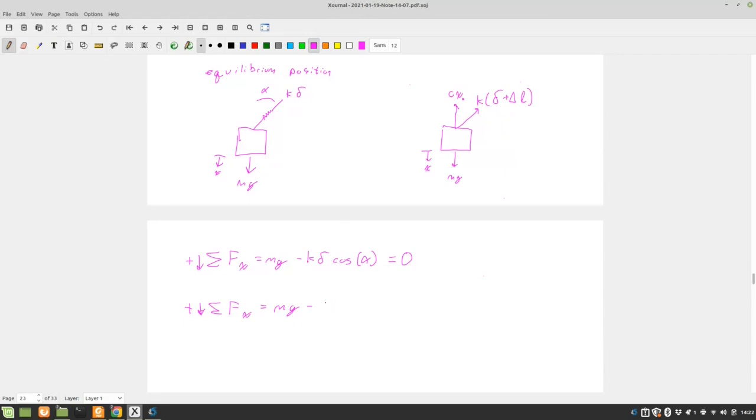Positive is down, so cx dot on top has got to go negative, so minus cx dot minus k, and again we only want our x component of this triangle, so it's going to be k cosine of alpha times our hypotenuse, which is delta L plus lowercase delta.